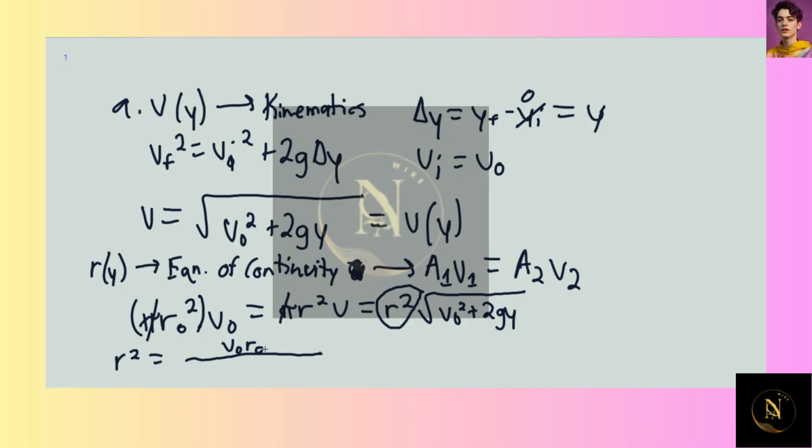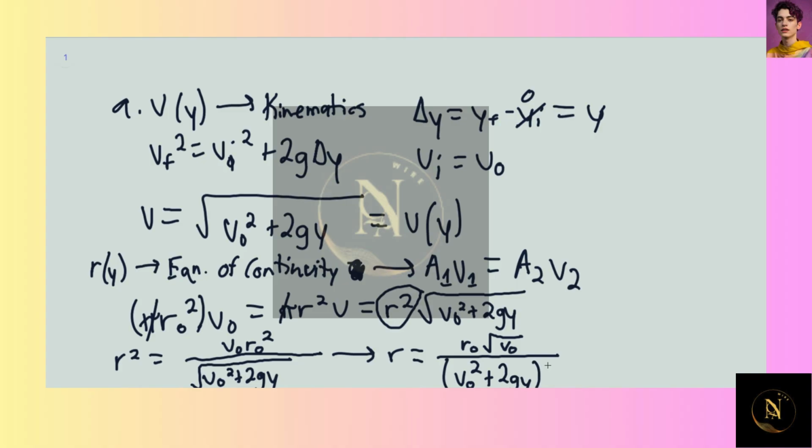v0 times r0 squared, divided by the square root of v0 squared plus 2gy. And we're just going to have to take the square root. So r is going to equal r naught times the square root of the initial velocity, divided by the initial velocity squared plus 2gy, all to the 1/4 power.